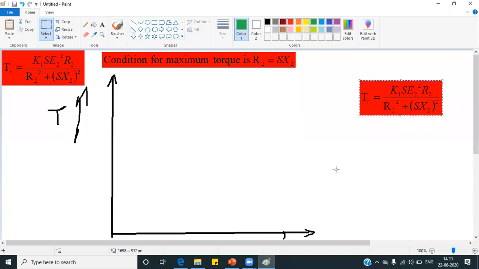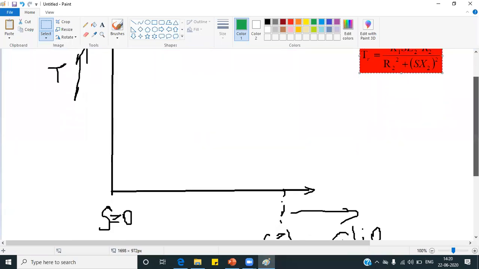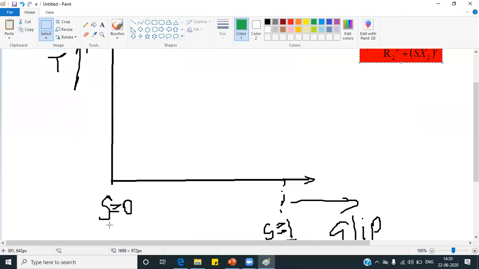Now see, guys, hope you have some patience. First I want to draw the torque slip characteristics for S equal to 0. For lower speeds, S is 0, 0.1, 0.2, like that.